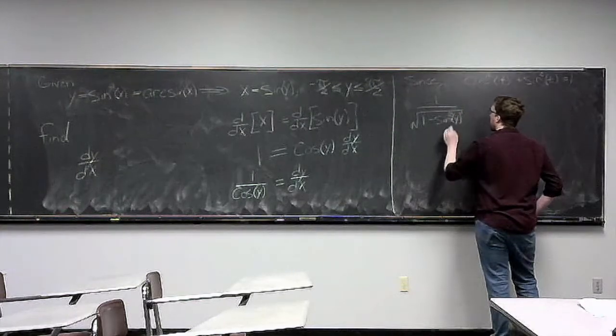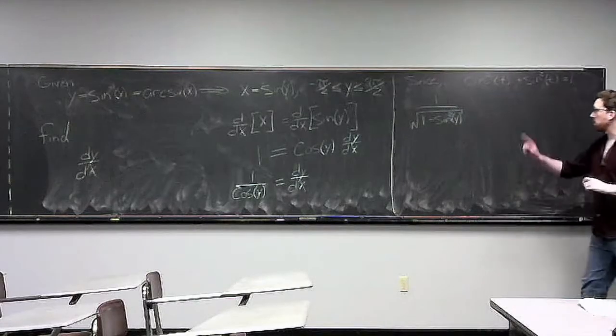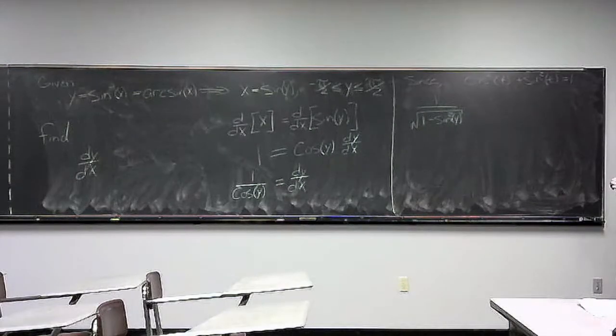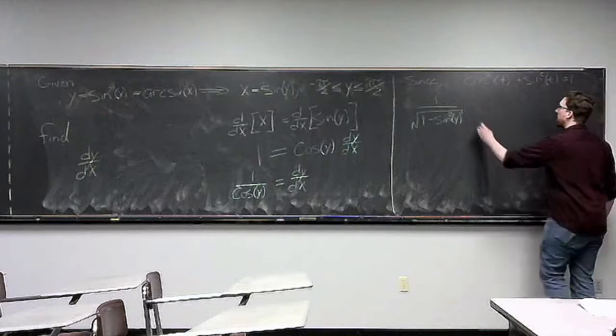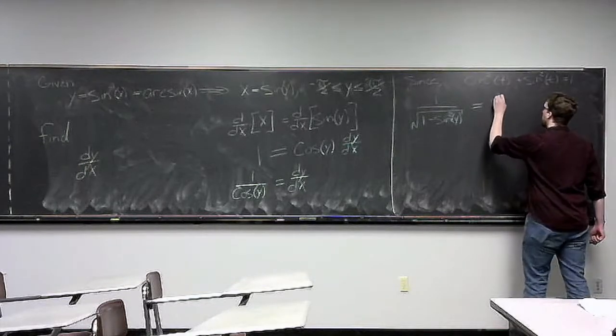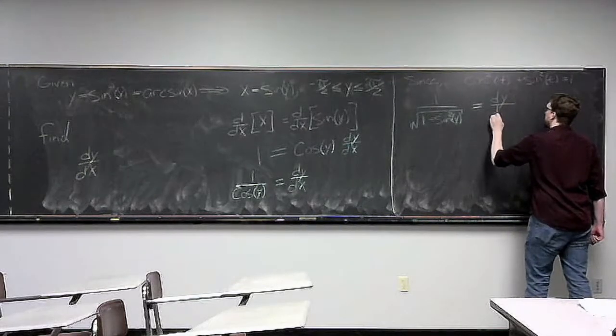My mistake. The square root of the quantity 1 minus sine squared of y. And all of that is equal to dy/dx.